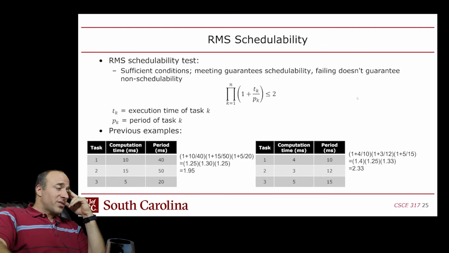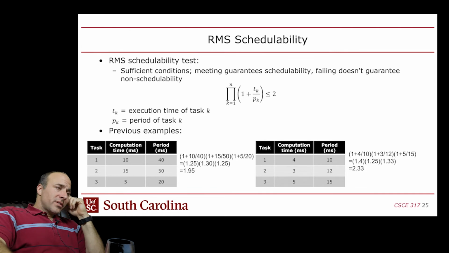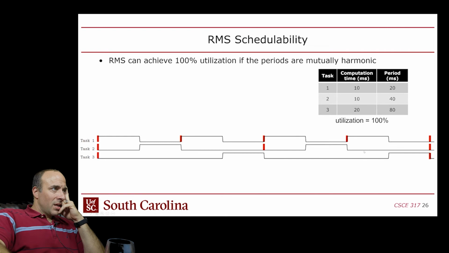So for this task set down here, we do the test, which is we multiply 1 plus 10 over 40 times 1 plus 15 over 50 times 1 plus 5 over 20, which gives us 1.95. And that passes the test. This one is 1 plus 4/10 times 1 plus 3/12 times 1 plus 5/15. That gives us 2.33. That doesn't pass the test.